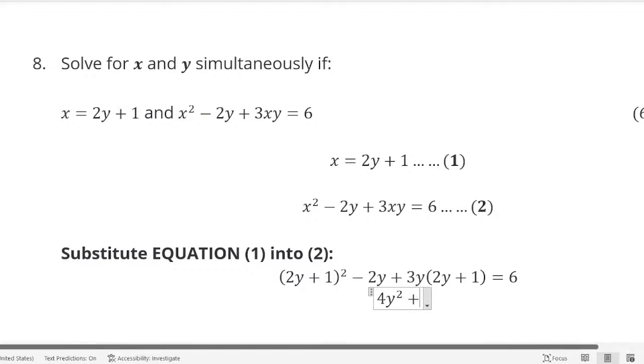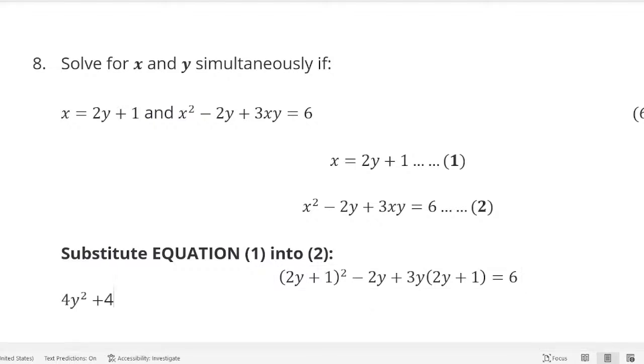Then plus 2y multiplied by 1 is 2y times 2, so it's plus 4y.